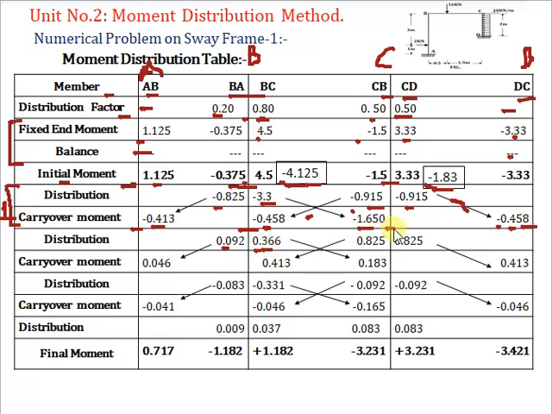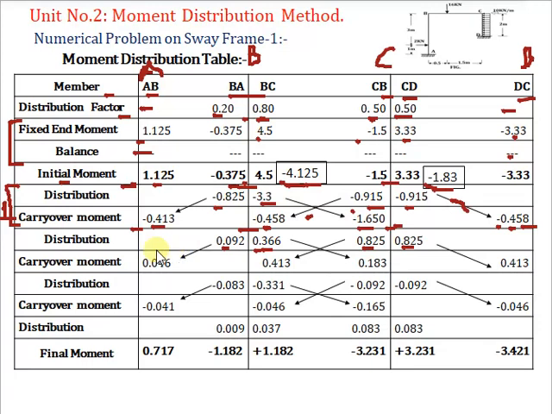Now consider joint C. Correcting moment is plus 1.650 into distribution factor of CB 0.5, which is 0.825. Distribution moment for CD is distribution factor 0.50 into correcting moment plus 1.650, which is 0.825.